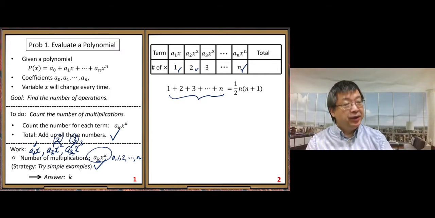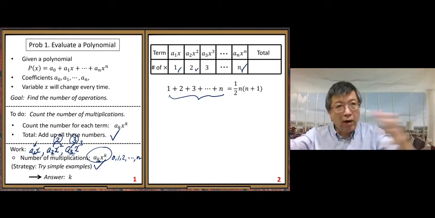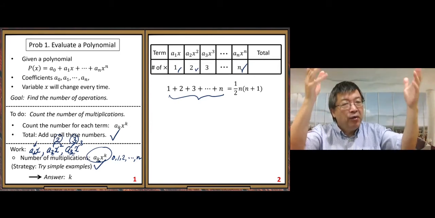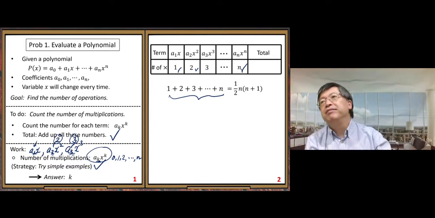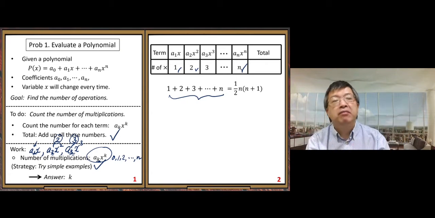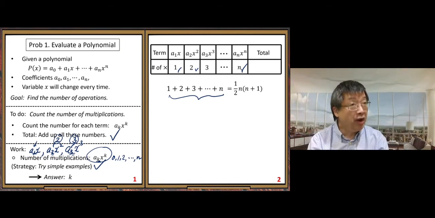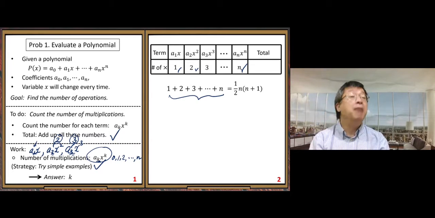In order to consider the addition part and multiplication part together, we need to use units of time, because in that way we can add up these two different operations in terms of time units.